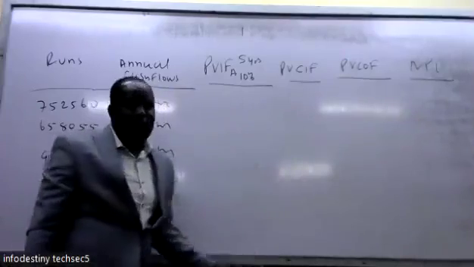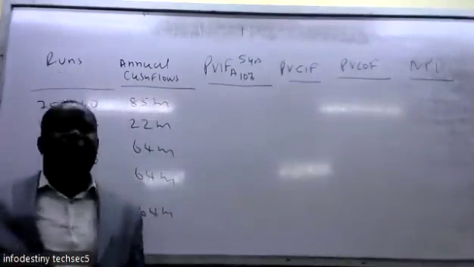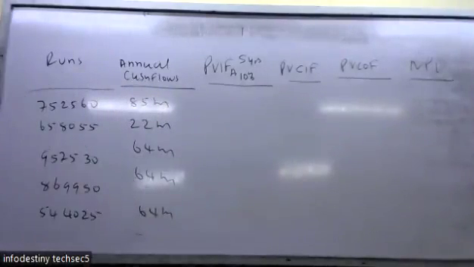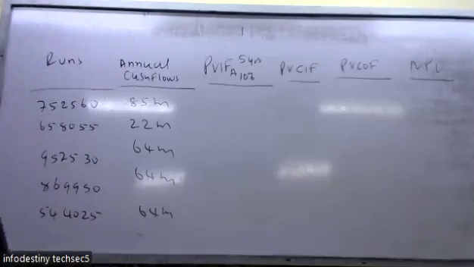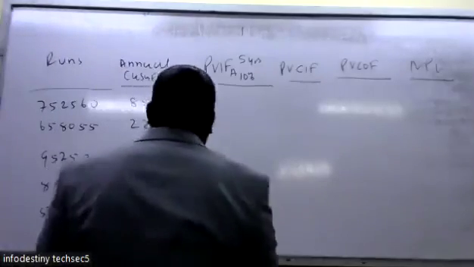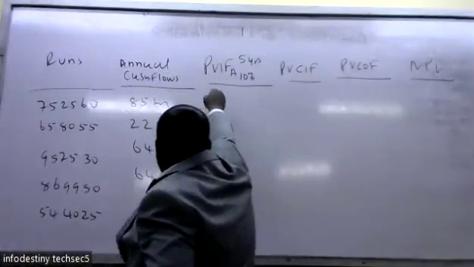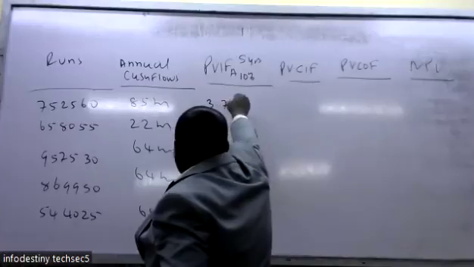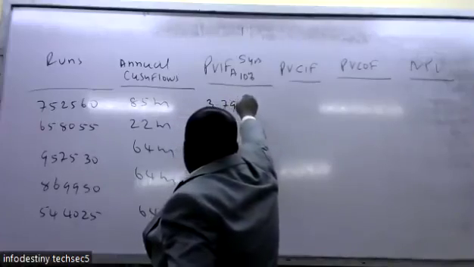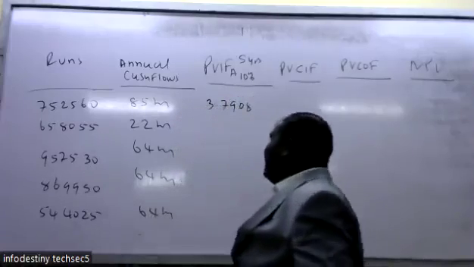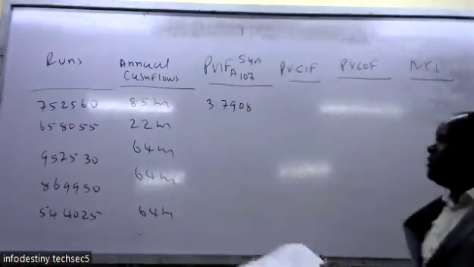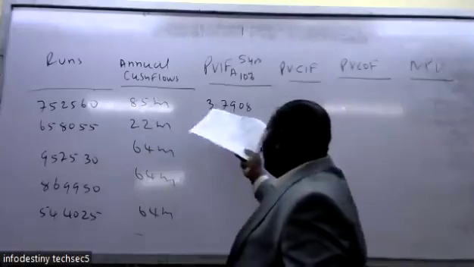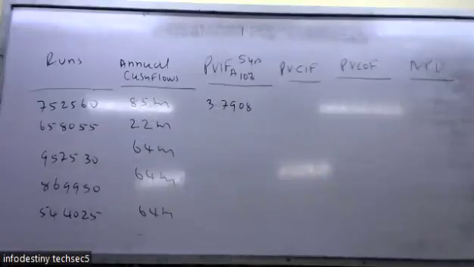Then, you remember in the table, 10% in year 5 for the annuity table, it is 3.7908. So I want you to take 85 million multiplied by 3.7908.